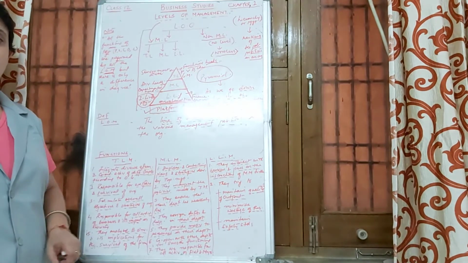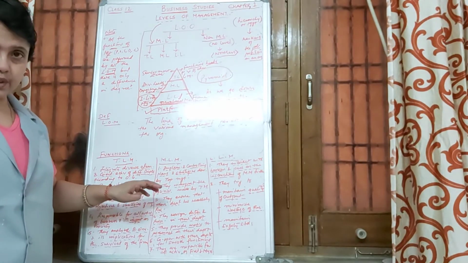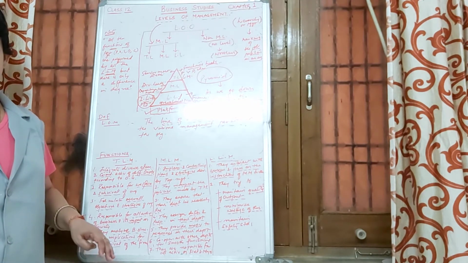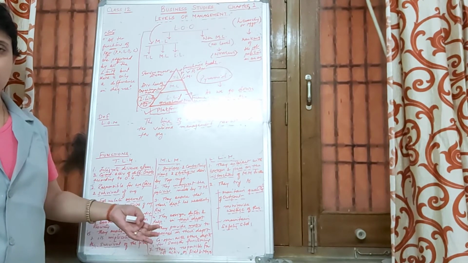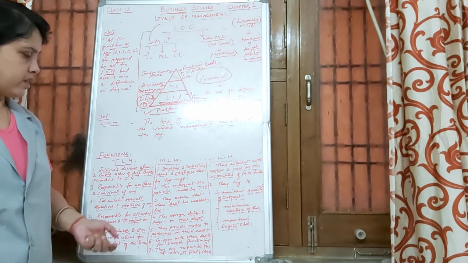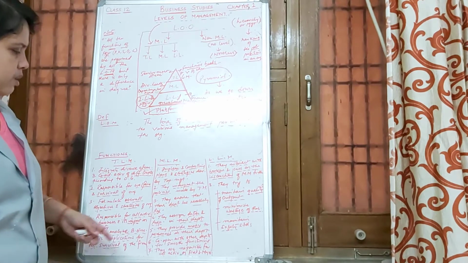Then they ensure that the departments have the necessary resources. Because they are departmental heads, automatically they have to look after the affairs of their department and see that their department is provided with all the necessary resources required to run the department in a proper manner. So they are responsible for arranging the resources for the department.